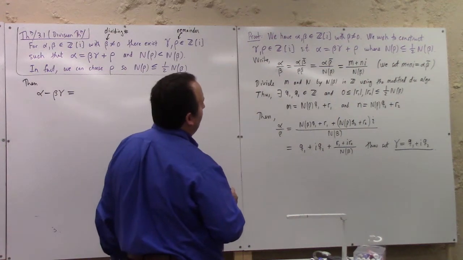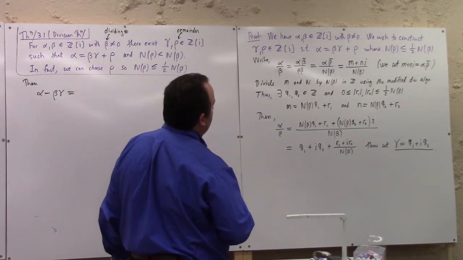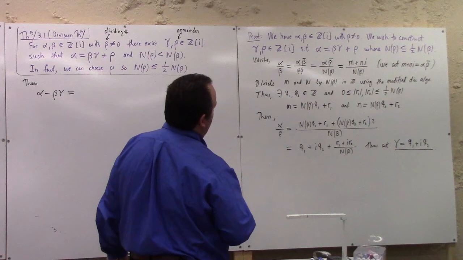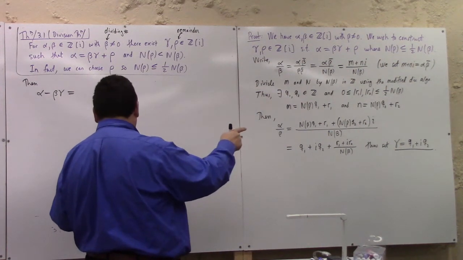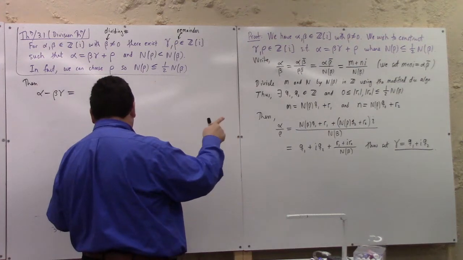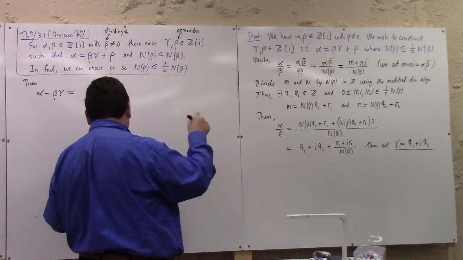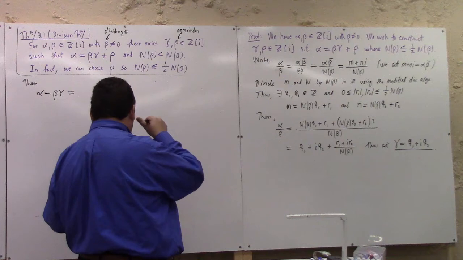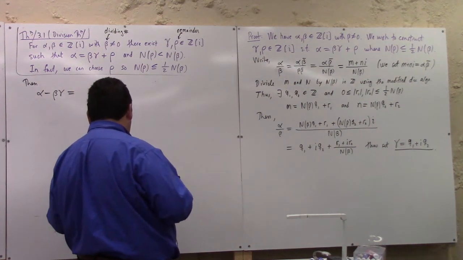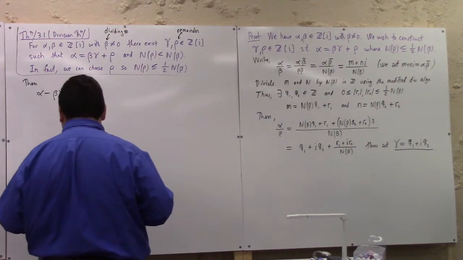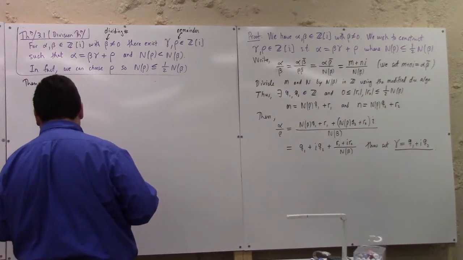Alpha is by plus p. That's what we're trying to work to. We said gamma equal to q1 plus q2i. He says after a little algebra the above equation, put alpha on the other side.